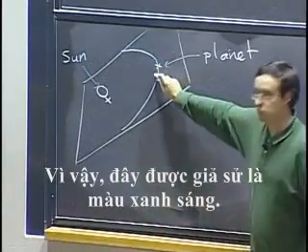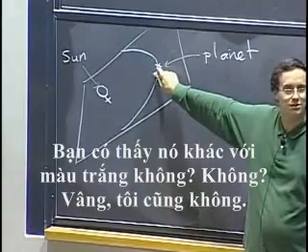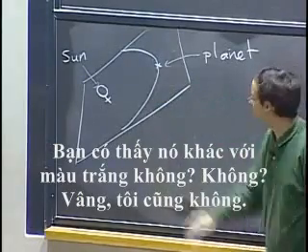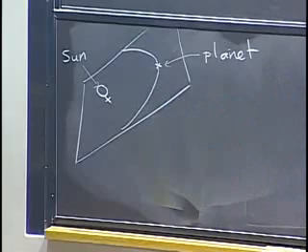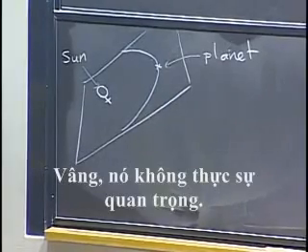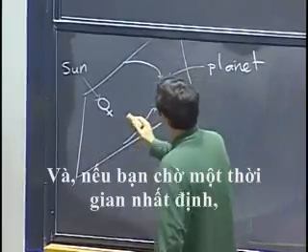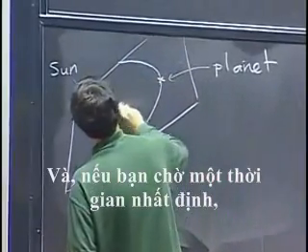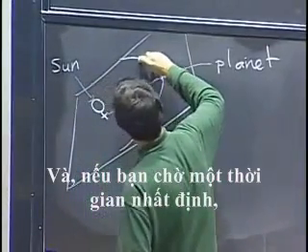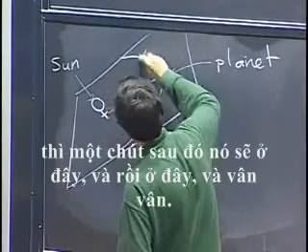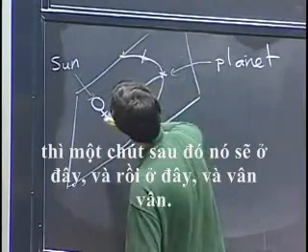So this is supposed to be light blue. Can you see it as different from white? No. Okay. Me neither. Doesn't really matter. So the planet moves on its orbit, and if you wait a certain time, then a bit later it will be here, then here, and so on.